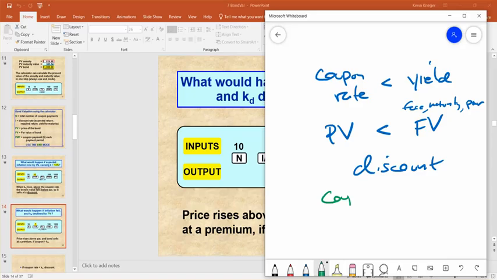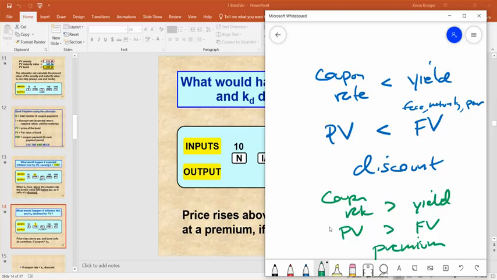If your coupon rate is now greater than your yield, that's going to make your present value greater than your future value, and this sells at a premium now. Mathematically, I don't think I have to draw it out for you, but if you divide all of those hundreds by 1.07 instead of 1.1 back in the original case, the values of all of those future coupon payments as well as the $1,000 lump sum are now higher. And when you add them all up, the grand total, the present value, is higher. That's what makes the bond sell for a premium.